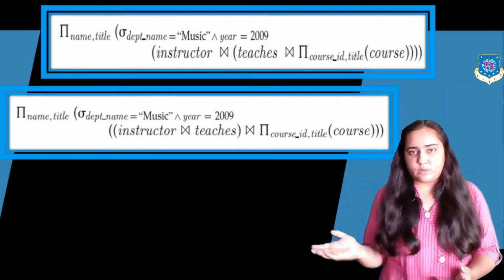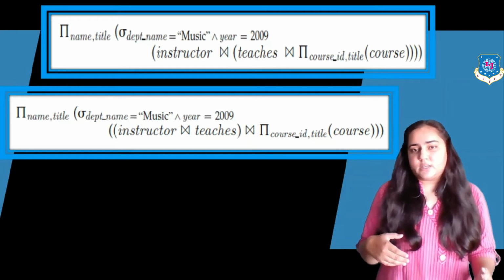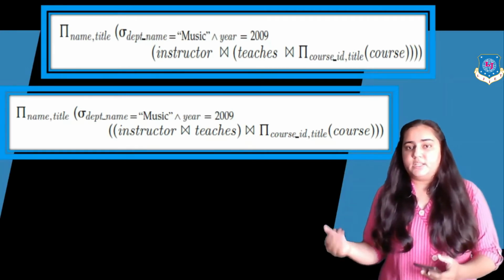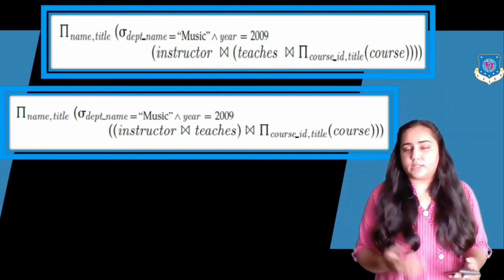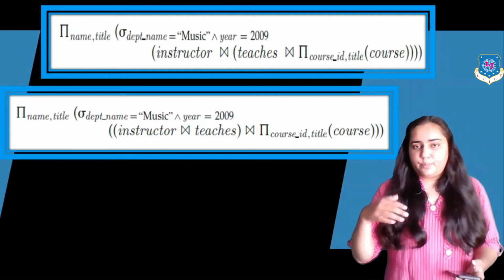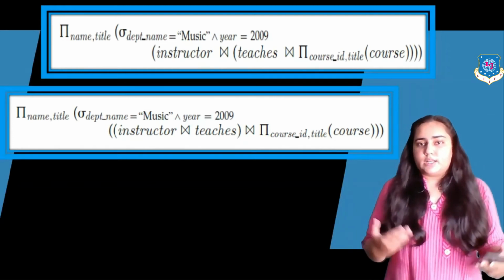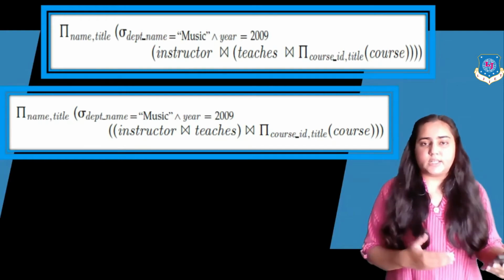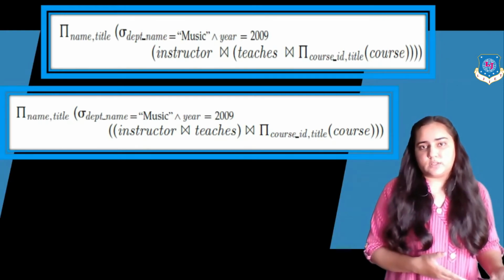They are together in one bracket, and then taken a natural join of the result with course ID and title of course. That's the only difference. In the previous query, I did natural join between teachers and course first, and then I did a natural join of the result with instructor.